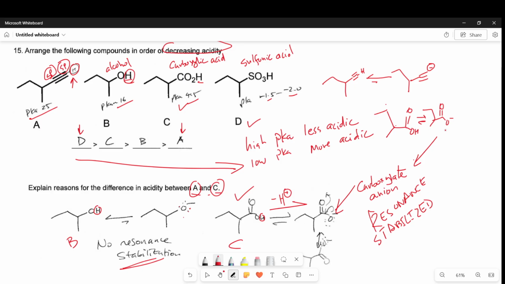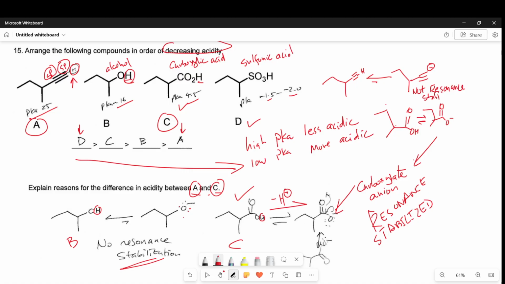So this is resonance stabilized, but the anion that comes from acetylide, from acetylene carbon, is not resonance stabilized, exactly like the discussion I had here between B and C. Now I'm showing the difference between A and C. Not resonance stabilized.